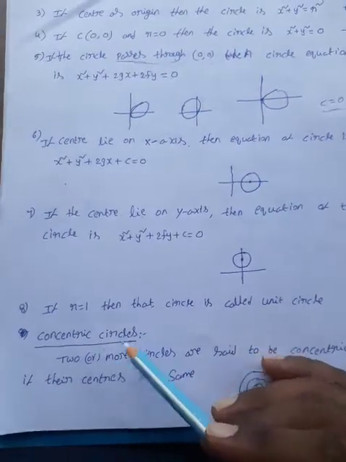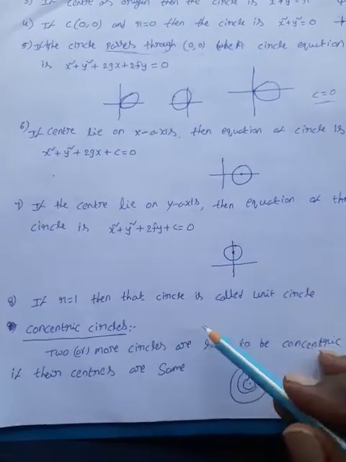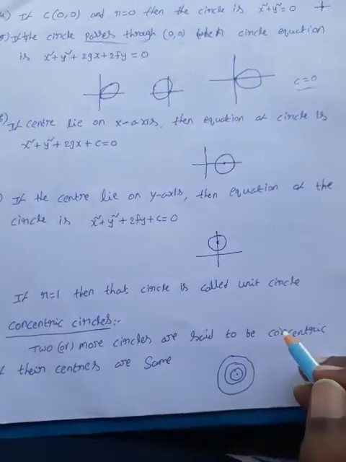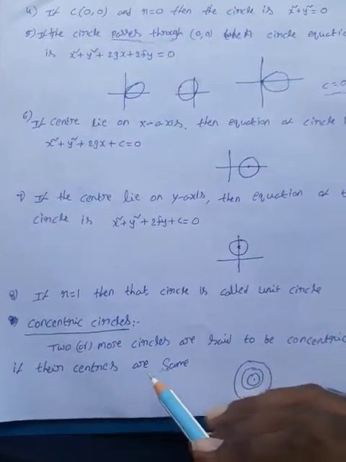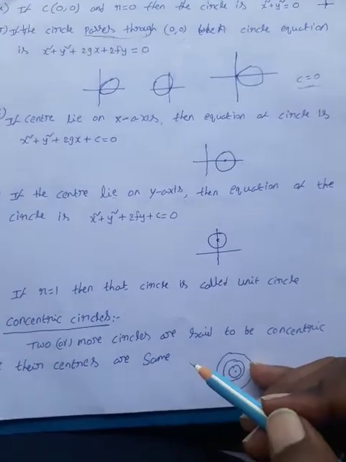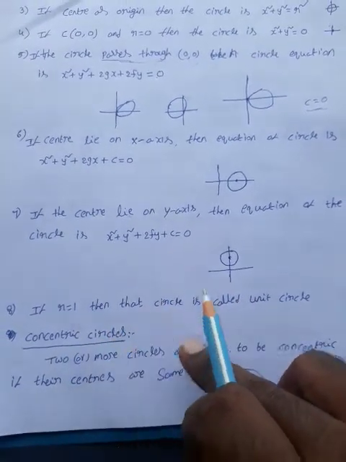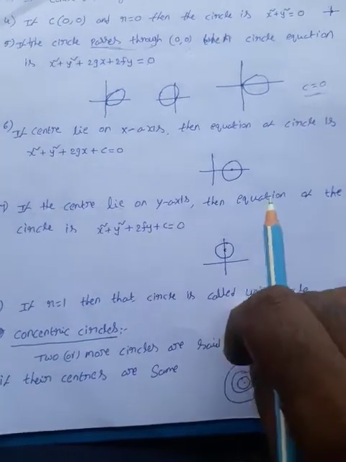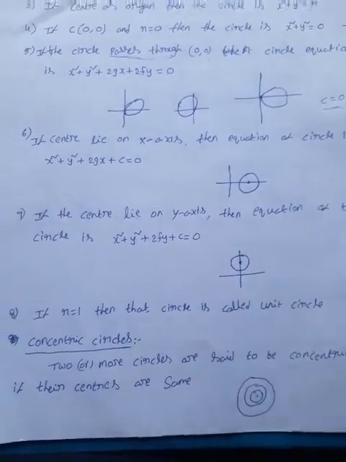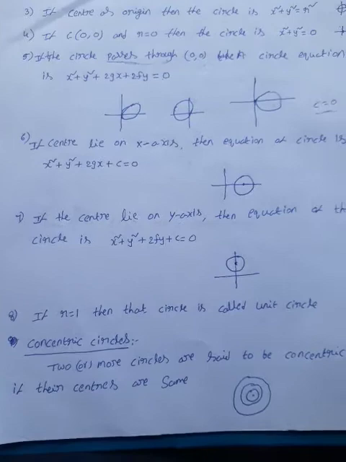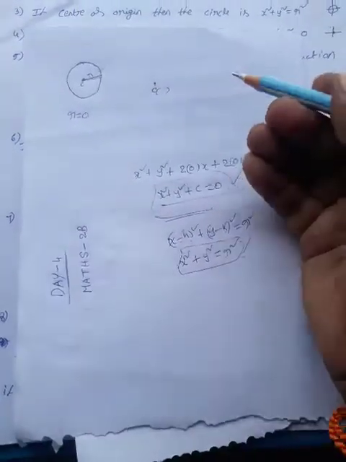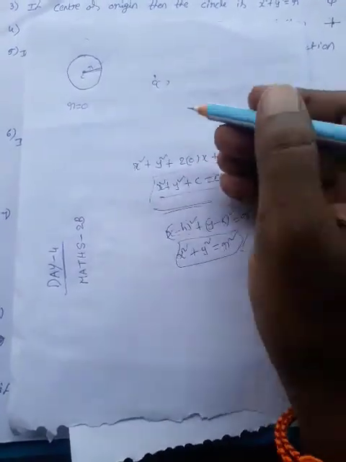Next one, concentric circles. Two or more circles are said to be concentric if their centers are the same. Two circles are said to be concentric if they have the same center, and their radii may or may not be the same.